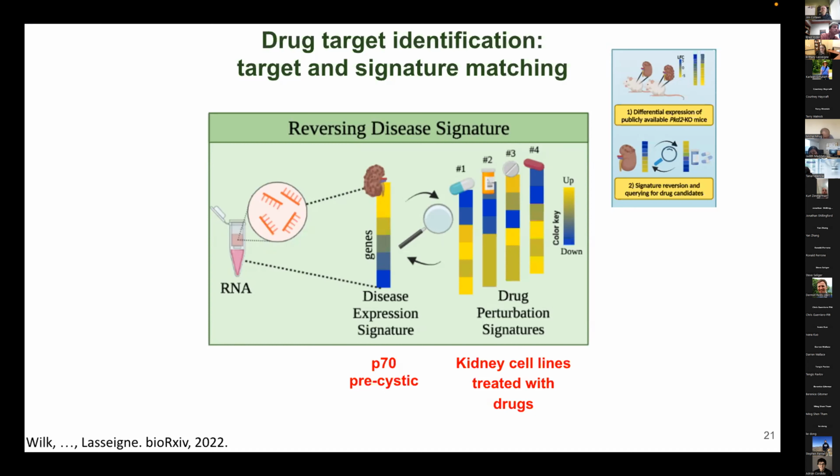And we asked the question, using different computer science and mathematical models, about how kidney cell lines that were treated with drugs from this LINCS program, how well we thought that those drugs were predicted to flip the PKD signature. So we're looking for drugs that do the opposite. So we want to return those cells and their gene expression profiles to a more normal or quiescent state.